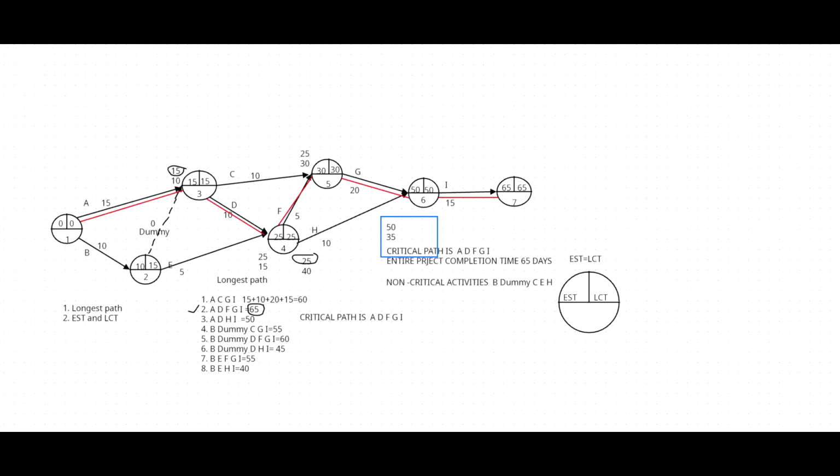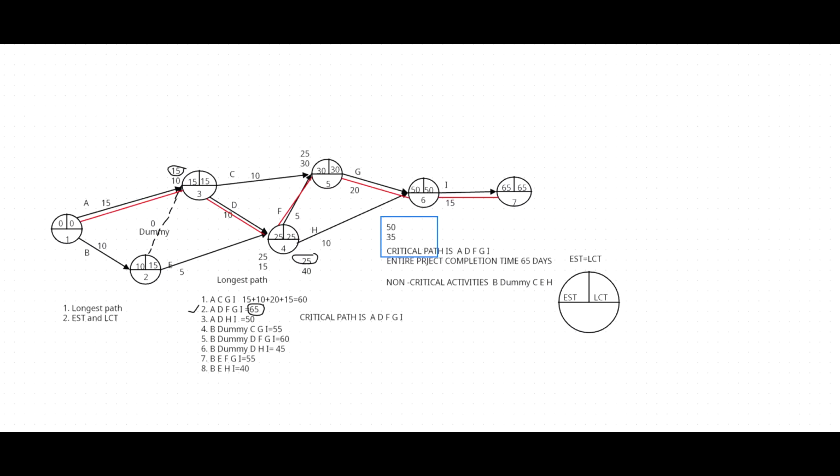If you are going to complete the entire project, don't misunderstand, we need to complete A, B, C, D, E, F, G, H, I, all. A requires 15 days, B 10, C 10, D 10, E 5, F 5, G 20, H 10, I 15.